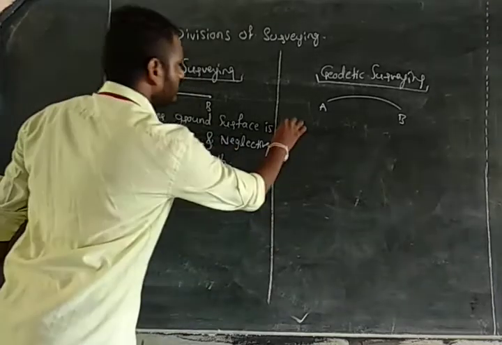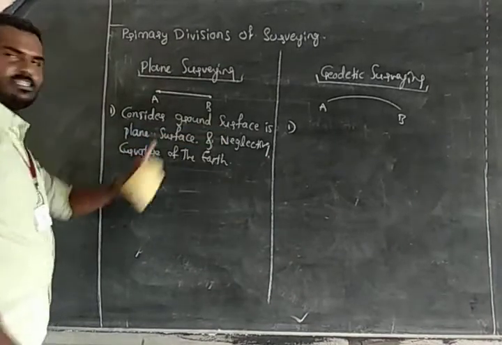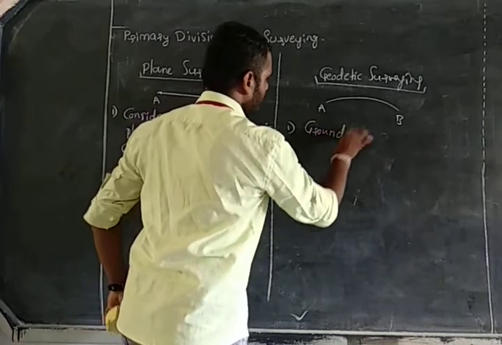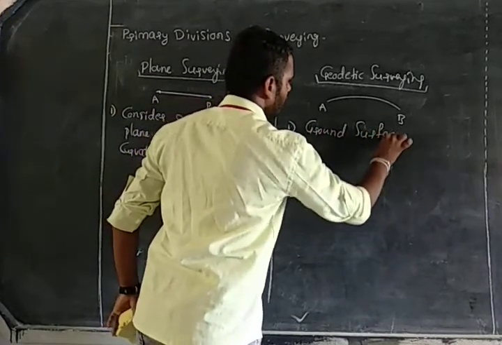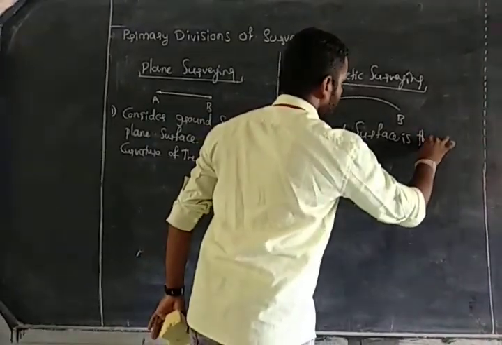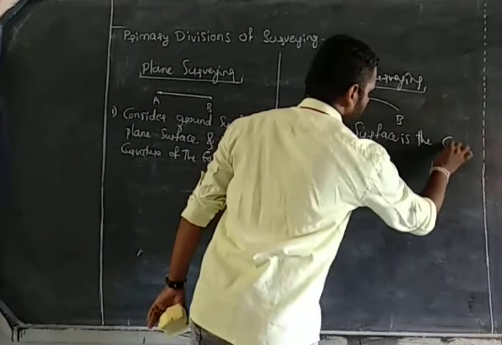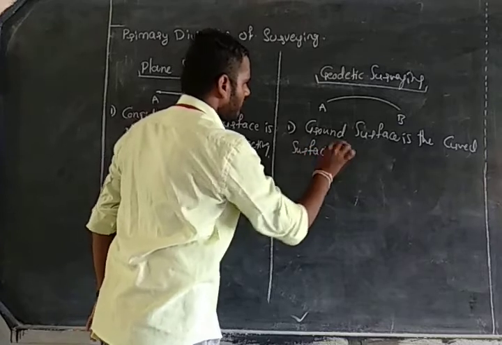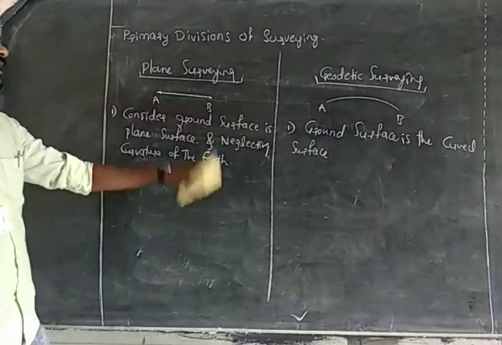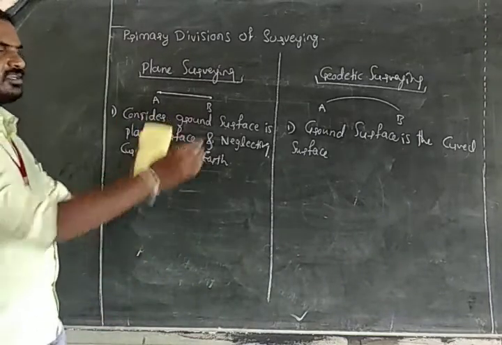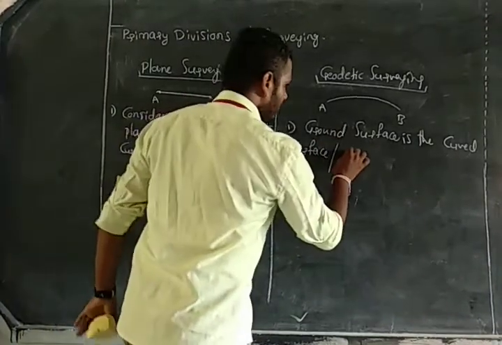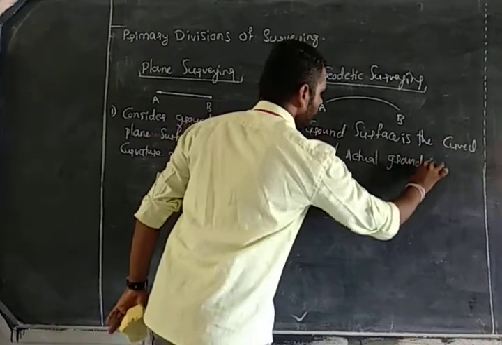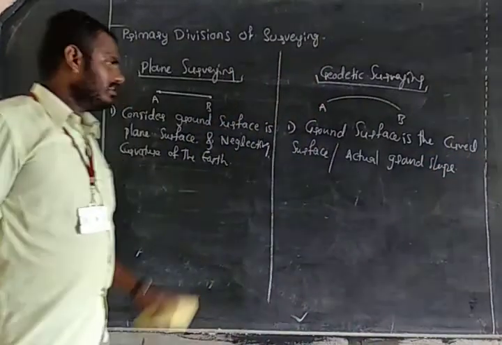Opposite to this, here the ground surface is a curved surface, so we consider the actual ground shape. Okay, this is the first thing.